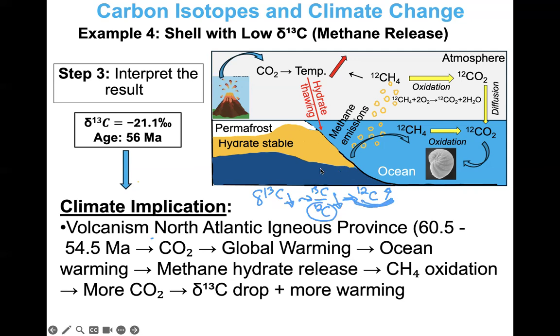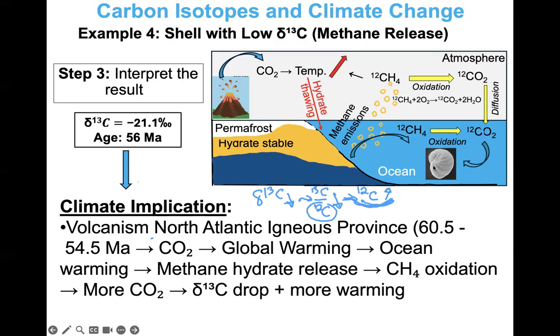And now we need to know where this C12-rich carbon comes from. That's where you have to look at this diagram here. This C12-rich water comes from the fact that methane is released, and methane has low carbon 13, and this carbon here will be transferred, become CO2, C12. This will be incorporated into the shell.